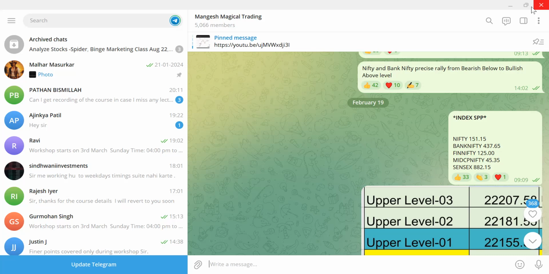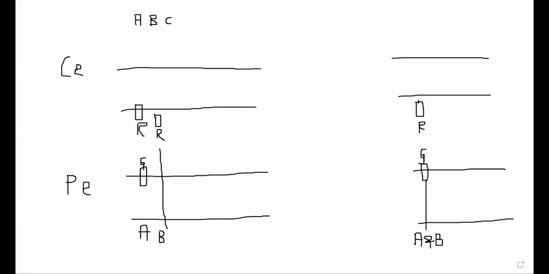Okay. So now write it down. Write it down. SPP, single premium price. Single premium price. Okay.